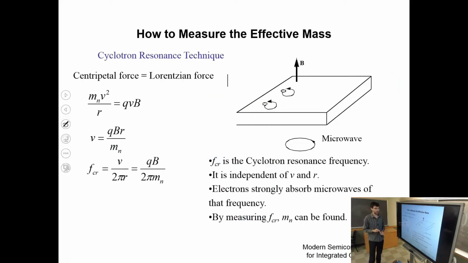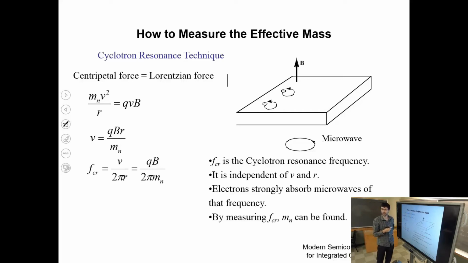There is a simple way to measure the effective mass, and that's called cyclotron resonance. What happens is you take a material where you want to know the mass of the dominant carrier, holes or electrons, and you put it in a magnetic field. Now remember, charged particles in a magnetic field follow circular trajectories, right?